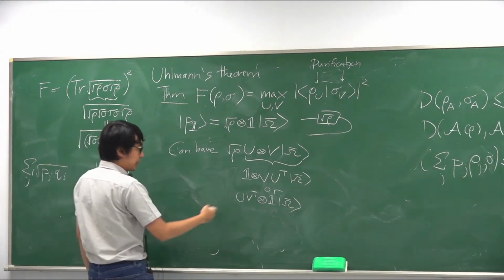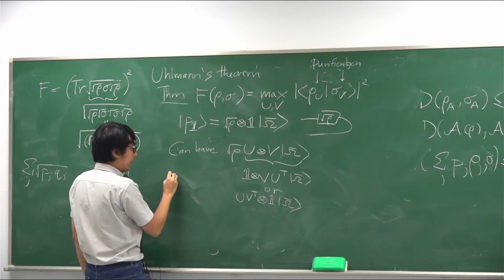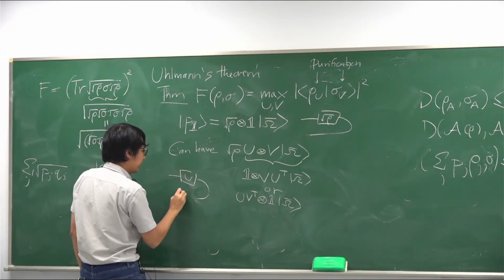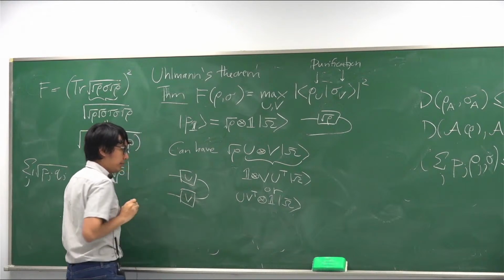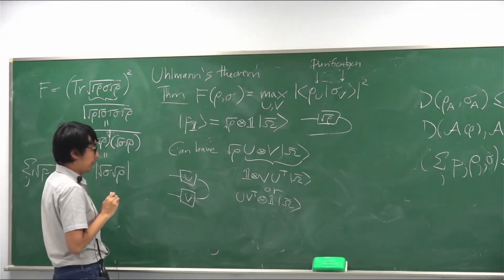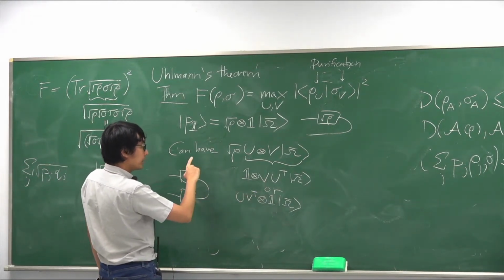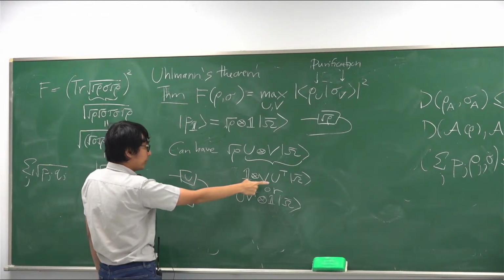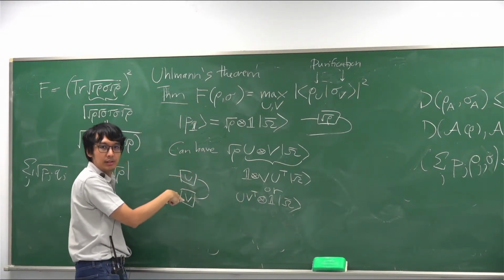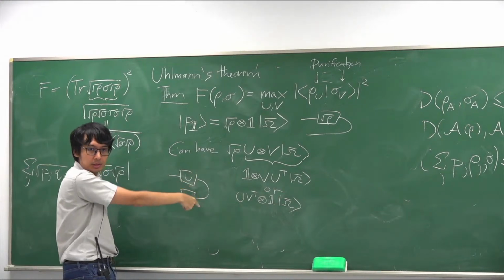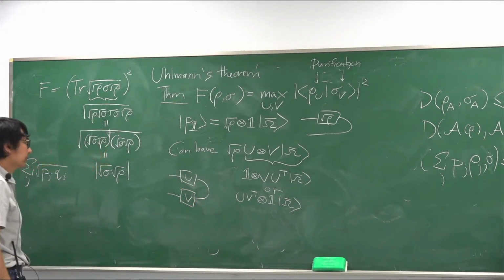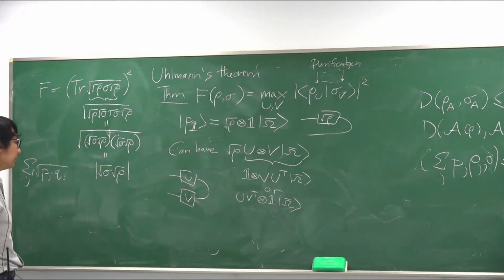For the order here, you just imagine sliding this guy, so for the first one, I would slide the U down here, and it becomes U transpose.